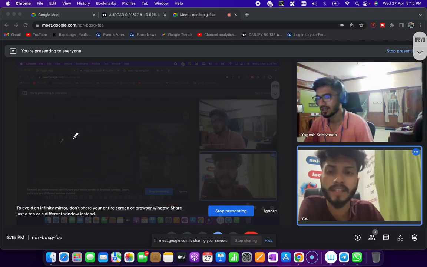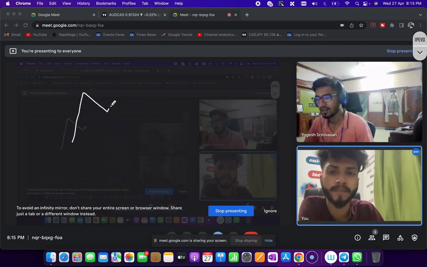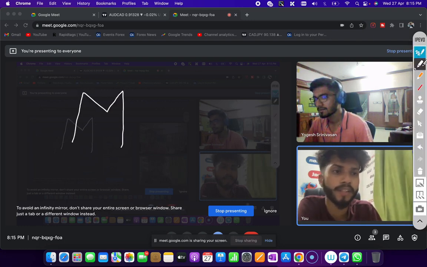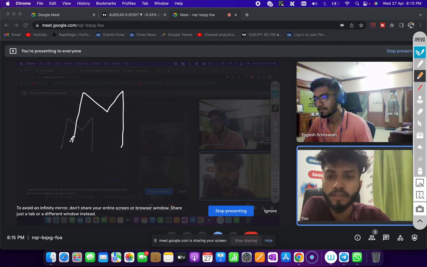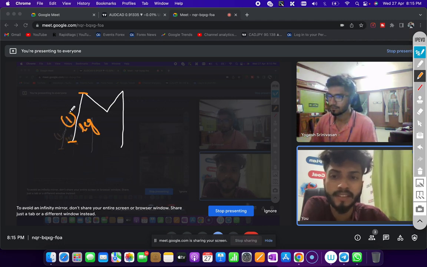In the case of this particular M, if you observe, it is going up right here. This is considered a leg, so we can say this is step 1.